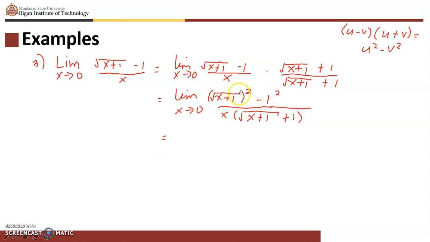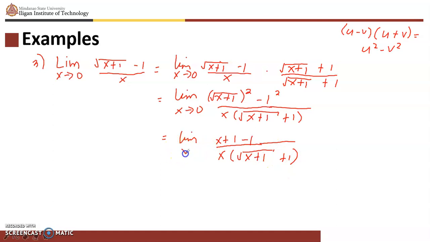Now notice that square root of x plus 1 squared is simply x plus 1. Then you have minus 1 squared, this is minus 1 all over x, times the square root of x plus 1 plus 1.